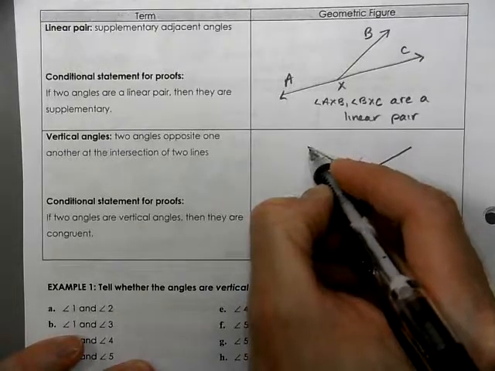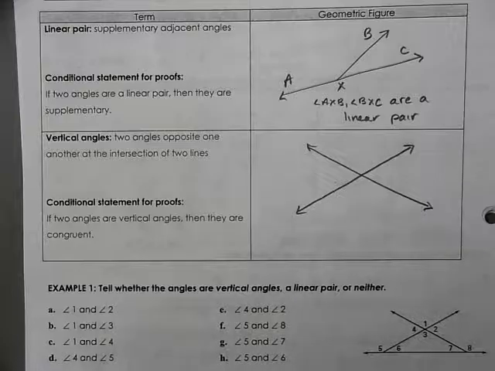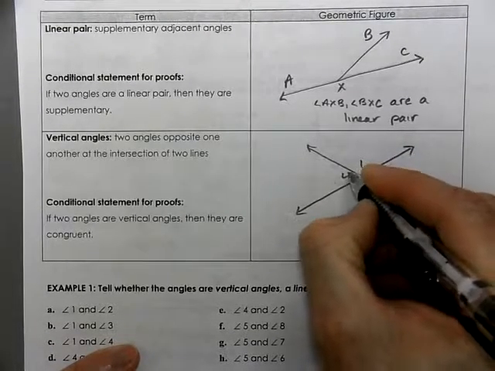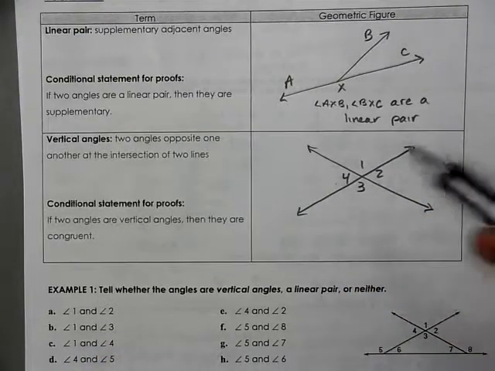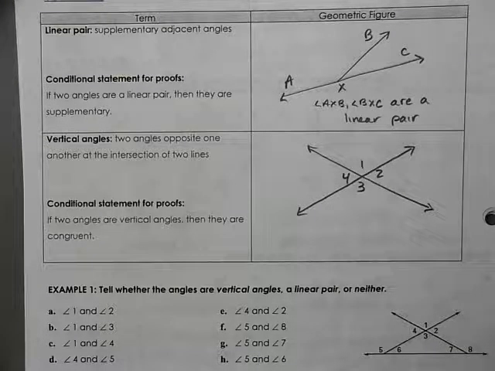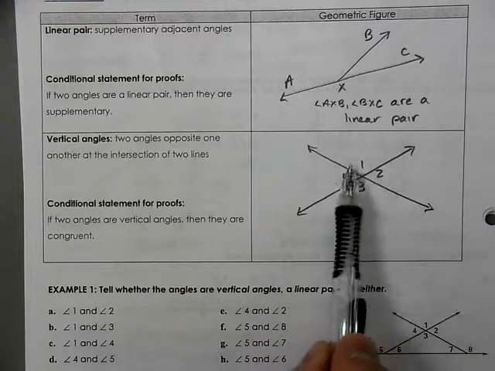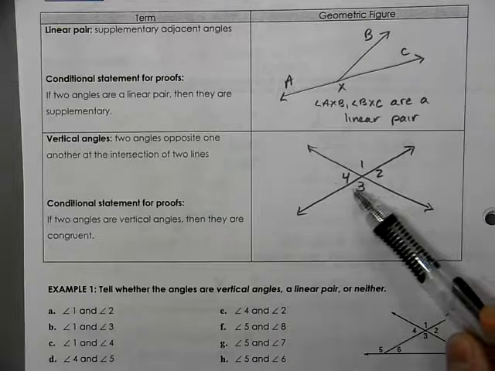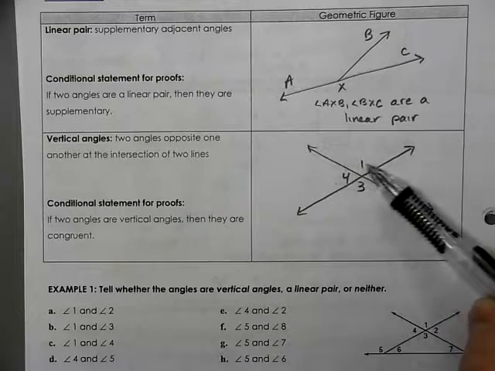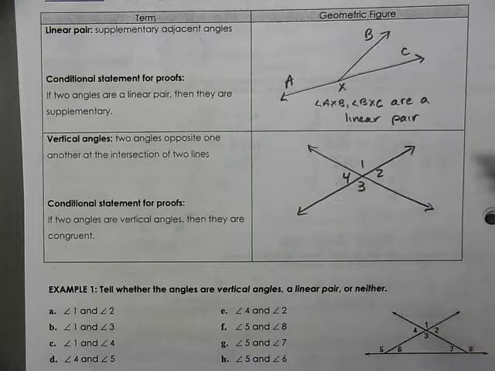So if you have two lines, not with the same slope, of course, and if we number those angles, use any numbers that you wish in any order that you desire, but what I would like to point out is here you would have a linear pair. 1 and 2 would make 180. 2 and 3 could make 180. 3 and 4 could make 180. 1 and 4 could make 180. Those are linear pairs when they're next to each other.